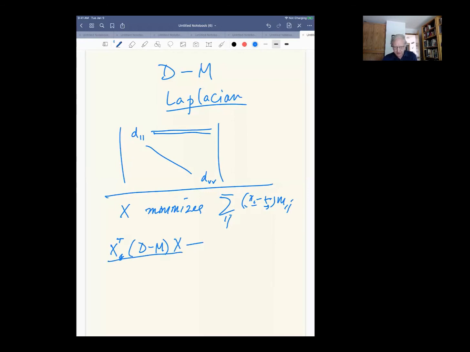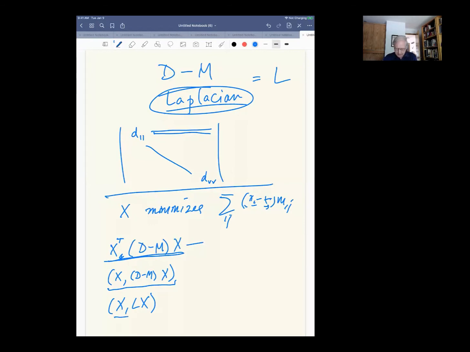There's another notation that's often used for this. It's the inner product of x and (D minus M) x. And I told you that D minus M has a name. It's called the Laplacian, and we generally write that with a capital L. So the standard way of writing this is that we're looking for a vector x that will minimize the inner product of x and Lx.